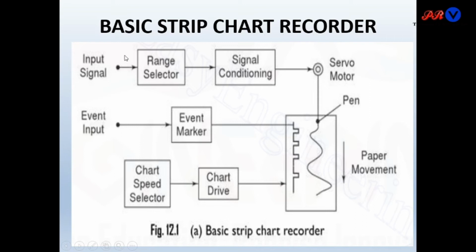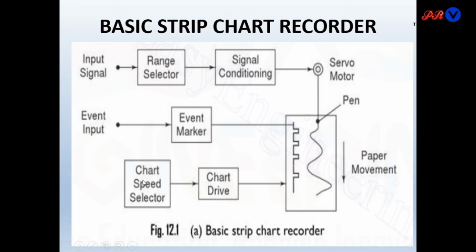The input signal is given to the range selector switch. The output of this range selector switch is given to the signal conditioning element, for proper conditioning or proper format of the input signal. A servo motor is used to move the pen according to the input signals. The event input signal is applied to the event marker, which marks the particular event we want to mark.